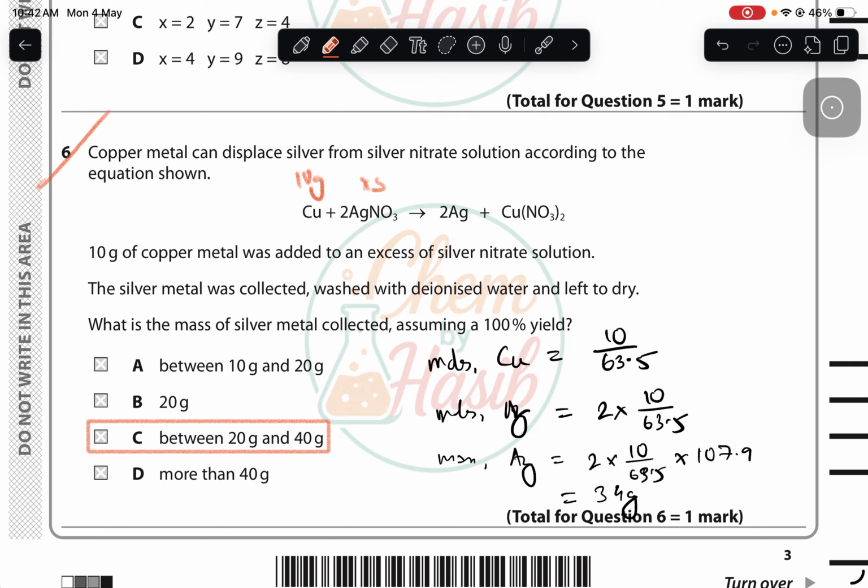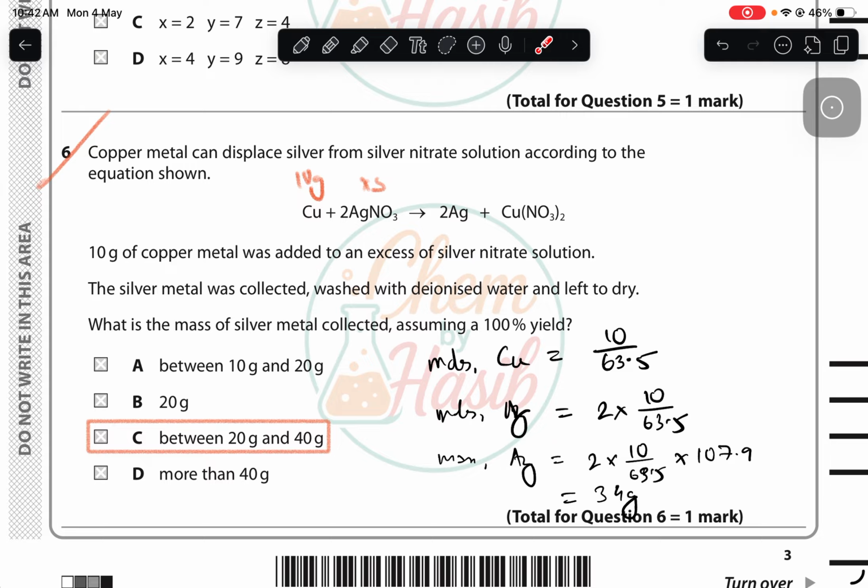You could also estimate instead of calculating, since I have calculated here. This answer could have been found even without a calculation. See, the mole ratio of copper to silver is 1:2, right? So the moles of silver will be doubled, and the relative atomic mass of silver is much higher.